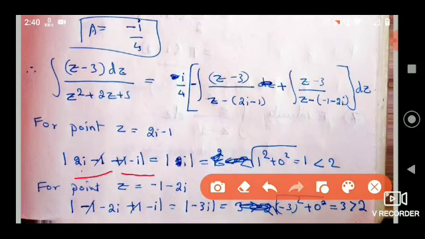So plus 1 and minus 1 cancel and you will get i. So is modulus of i less than 2? Yes. What is modulus of i? That is square of imaginary value plus square of real value, that is 1 square plus 0 square, and take the square root together. You will get 1, which is less than 2.